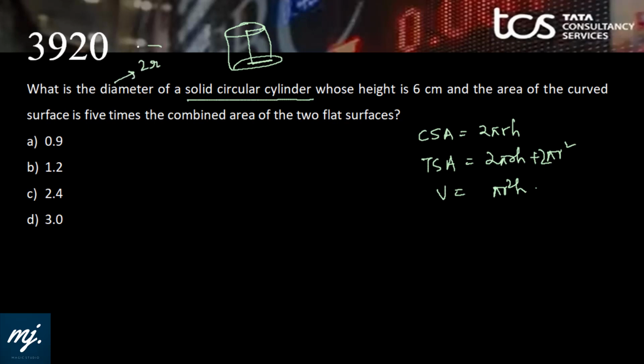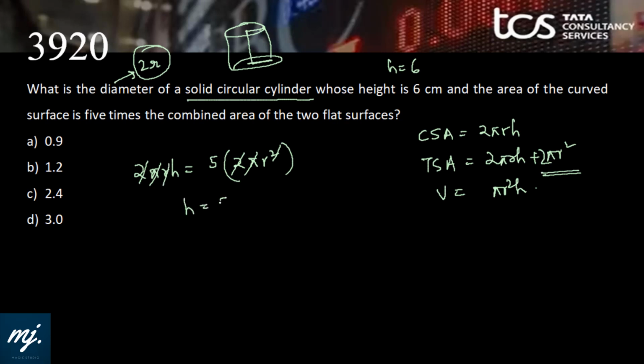That means 2r is the value we are looking for, whose height is 6 centimeter, and the curved surface area is 5 times the combined area of the two flat surfaces. That means 2πrh is 5 times 2πr². So 2πr cancels, that means h equals 5r. Height is 6, so r equals 6 by 5.